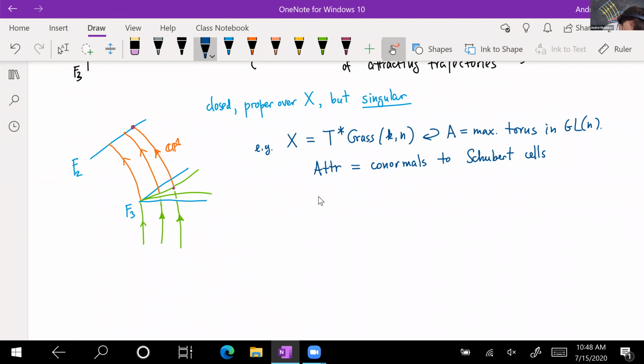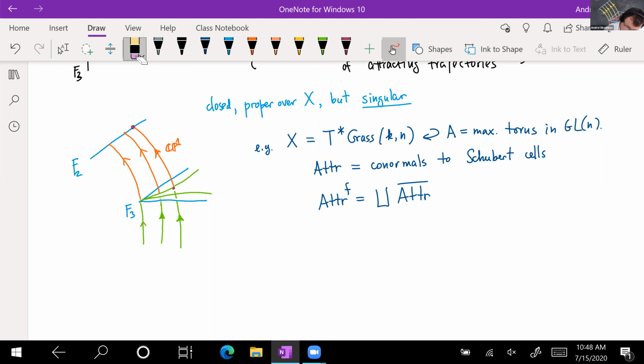So their closures, this full attracting set, is like a union of their closures. Right. So if you hit some other point, then you continue the attracting manifold of that point, and so on and so forth.